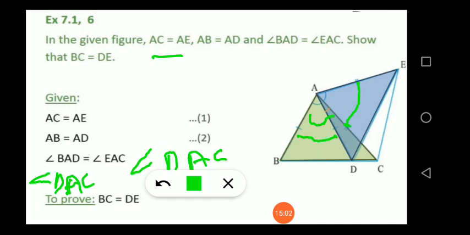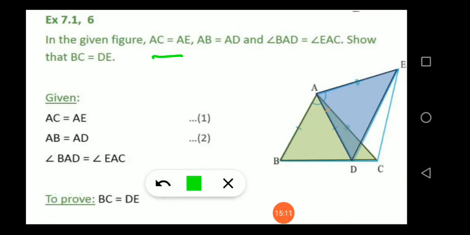And so we come to know that the two angles which we need are equal. And if they are equal, then we can say that the triangles are congruent, and hence by CPCT the side is also equal.